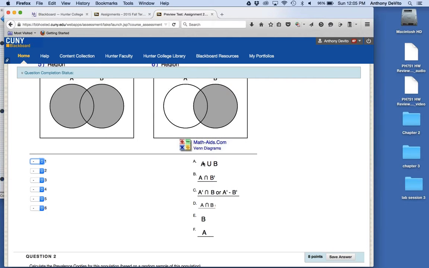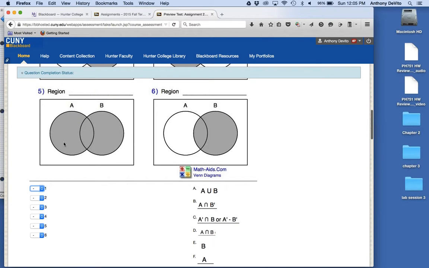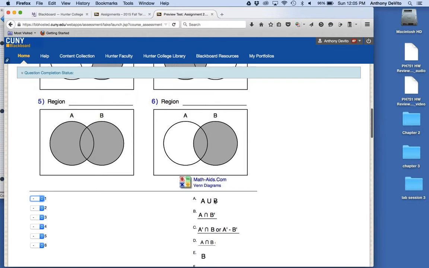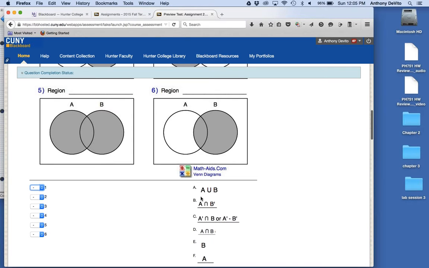So A union B would mean that we find A acceptable, B acceptable, and anything that contains both A and B. Here's A, here's B, and here's the region in the middle where it satisfies both A and B. Oh, excuse me, that would be A union B.